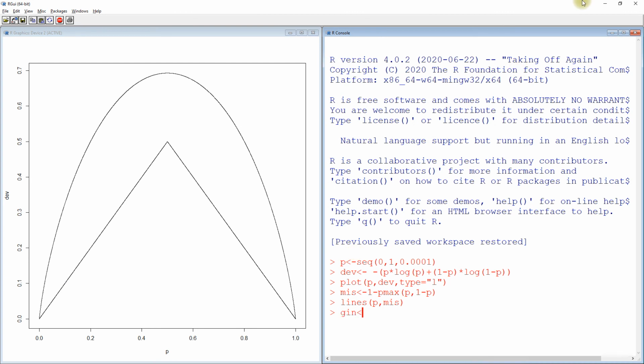So the Gini is supposed to be p times 1 minus p plus 1 minus p times p. All right, this is the Gini index.